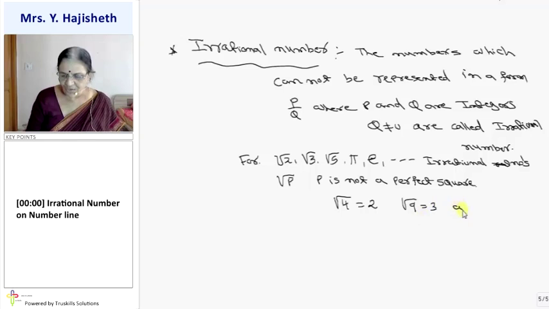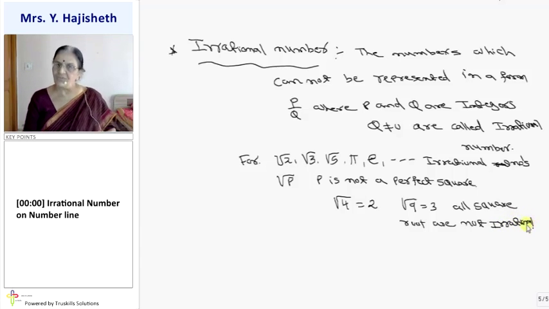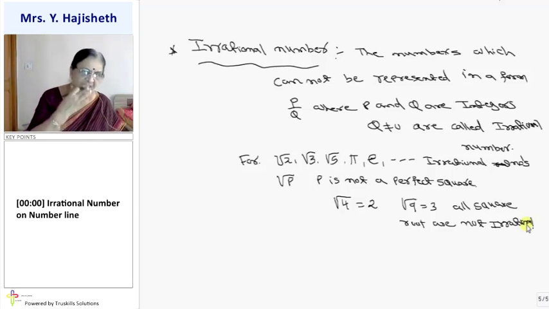So all square roots are not irrational. Square root of those numbers which are not a perfect square are always an irrational number, okay? Clear? Now how to represent this irrational number on a number line?